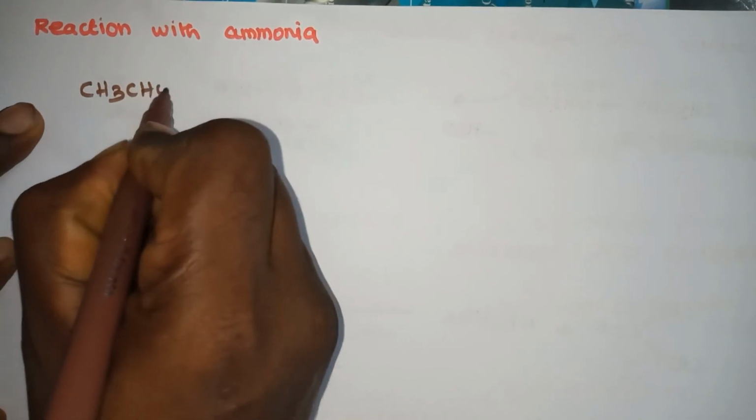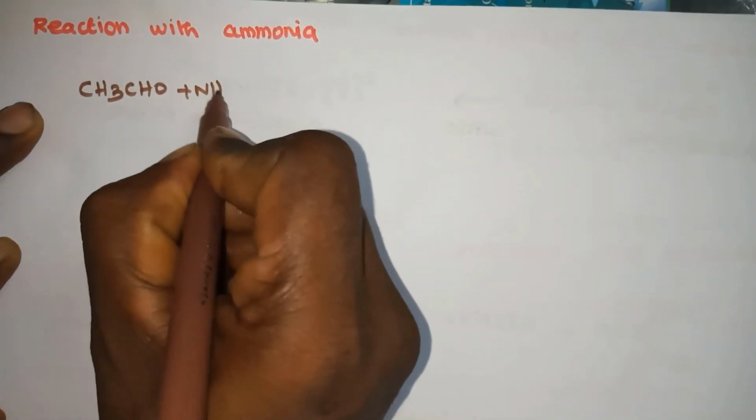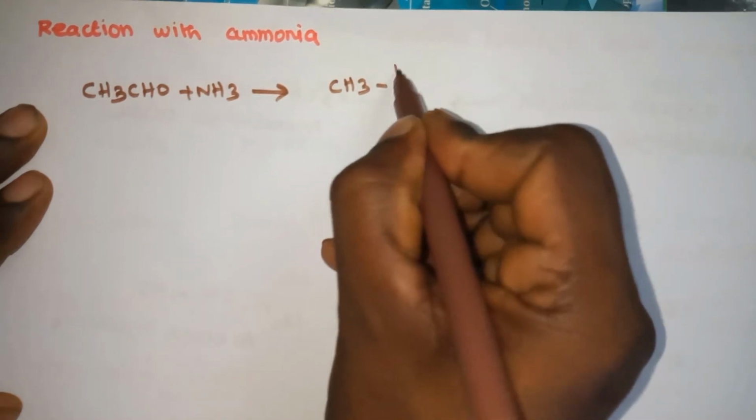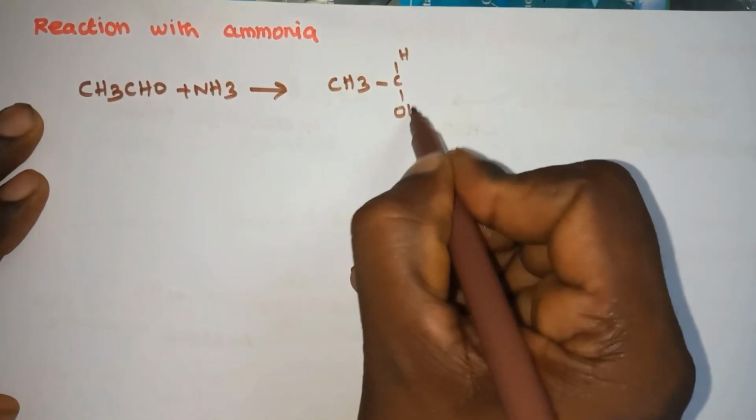Next, aliphatic aldehydes except formaldehyde react with an ammonia solution to form aldimines. Example, acetaldehyde CH3CHO reacts with ammonia. The first step is acetaldehyde ammonia formation: CH3CH(OH)NH2.